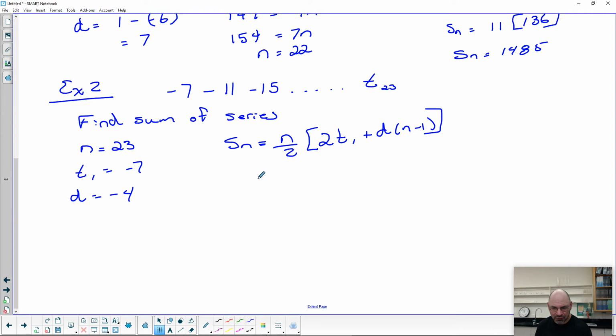Okay, so let's plug in our numbers. So we got 23 over 2 times (2 times -7 plus -4 times (23 minus 1), which was 22). Closing the bracket up.